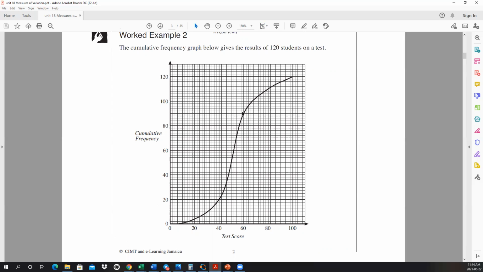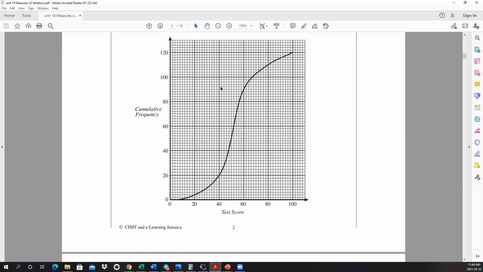Let me choose another point. Let me choose this one. This looks like 90, right? So 90 students got 60 or less on the test score.